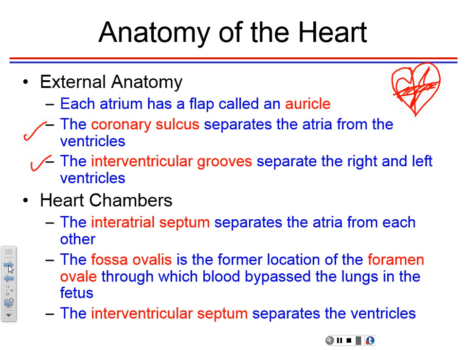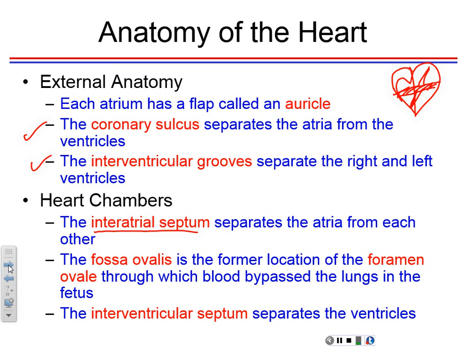Some of the fetal cardiovascular adaptations occur on the interatrial septum, in an attempt to divert blood from the lungs, and we'll talk about that at the end. And then, of course, the interventricular septum separates the two ventricles. It's like a beam of cardiac muscle. So we have the interatrial septum and the interventricular septum, right?